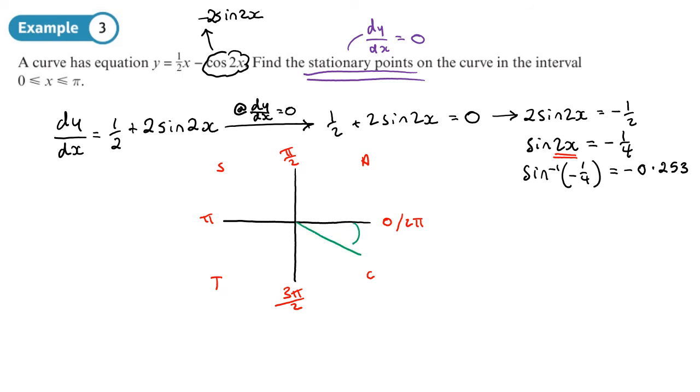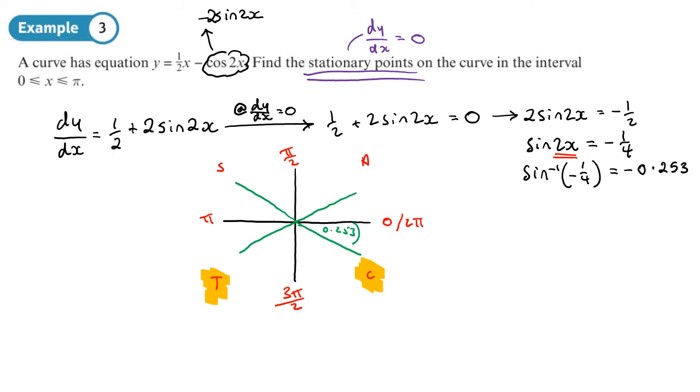So that's a gap of 0.253 there. Let's finish off the cross. We've landed in the part of the CAST diagram where sine is negative. Where else is sine negative? It's negative over here. So we are interested in this part of the CAST diagram and this part of the CAST diagram.